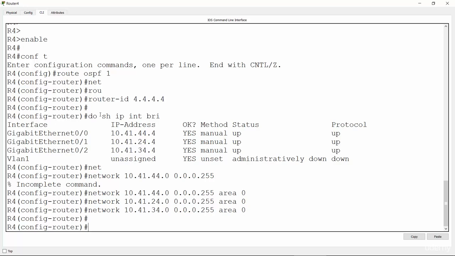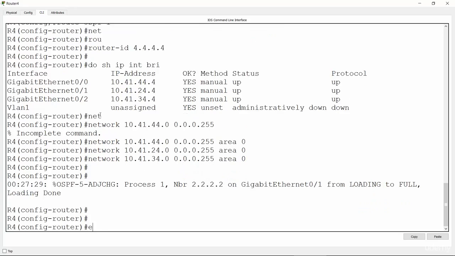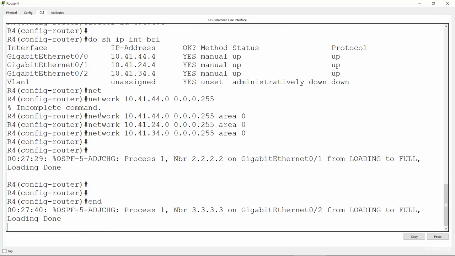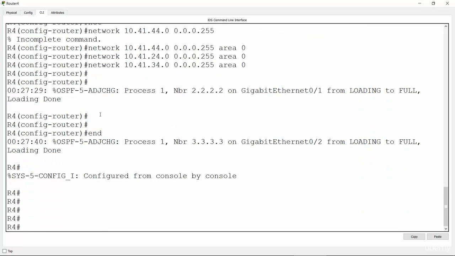I'm expecting two neighborships right now. 4 is adjacent with 2, but it was already adjacent with 3. Okay, 4 is adjacent with 2 and 3 right now.